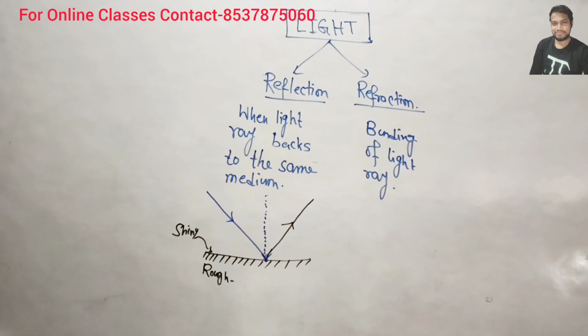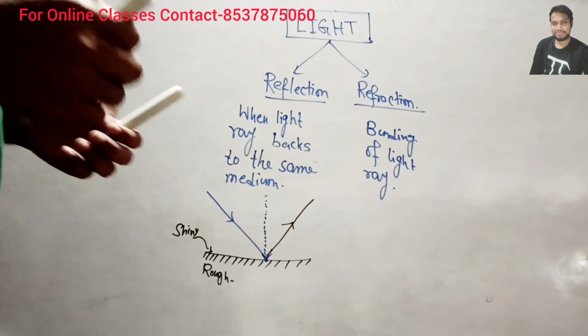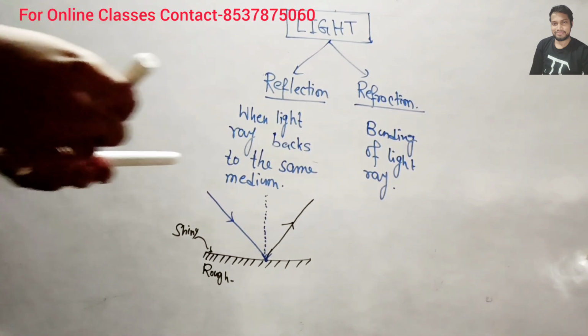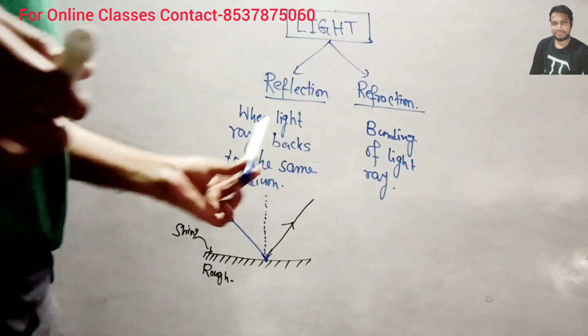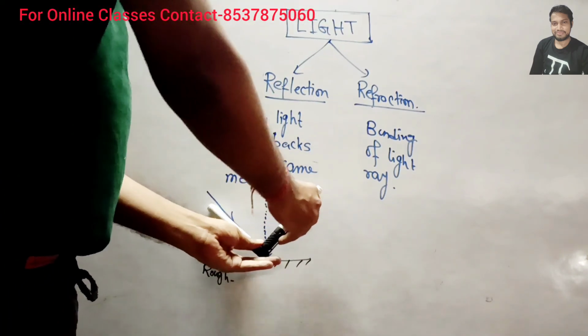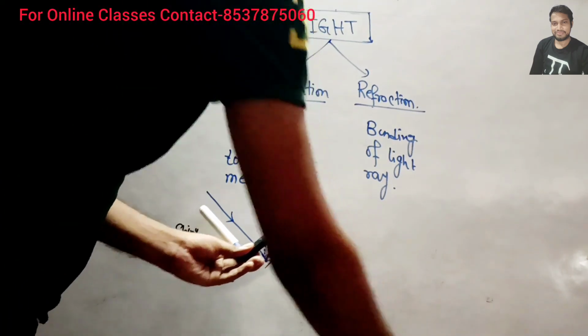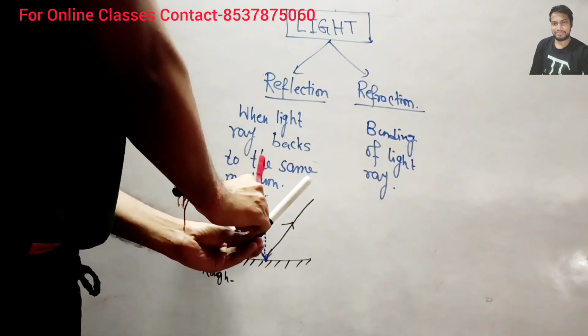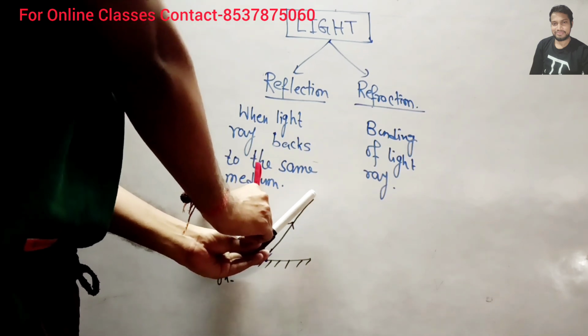So this is basically reflection, and here we have to know about two laws of reflection. The incident ray, the reflected ray and the normal all lie in the same plane.